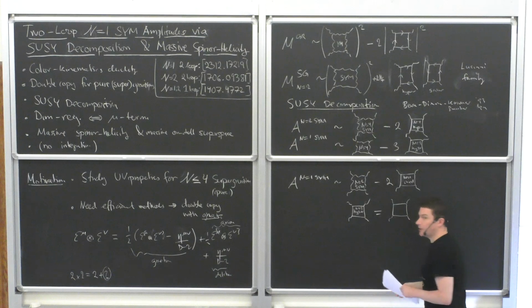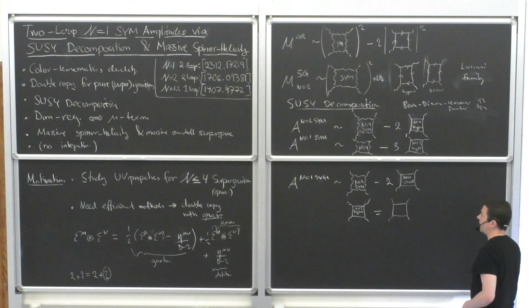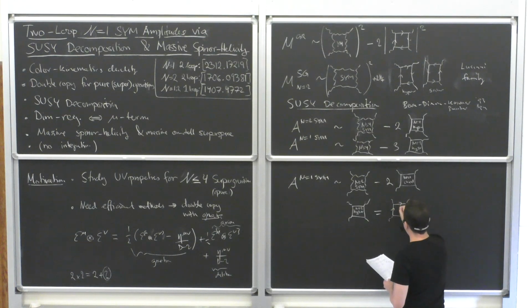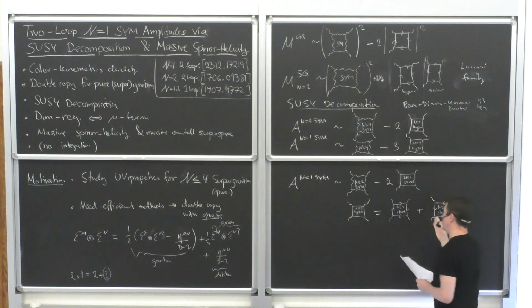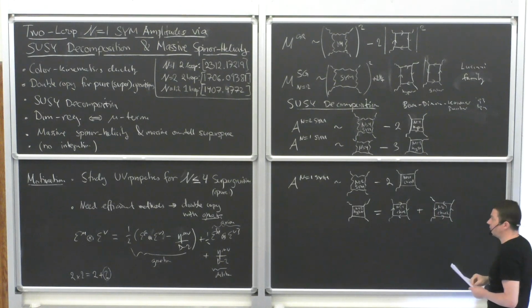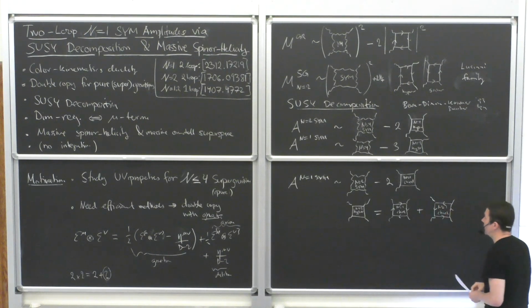Now I actually have to be careful because chiral multiplets are really chiral, so I need to add an arrow. So I have this one, n equals 1 chiral, and then I have to add the conjugate diagram. So basically, the hyper is essentially just a sum of these 2 diagrams.